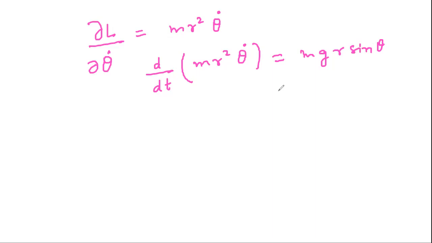Therefore, you have to use the product rule in the left side. So when I do that, I will get mr square theta double dot plus 2m r r dot theta dot. Right side I have mgr sine theta. I will name this equation as 4.